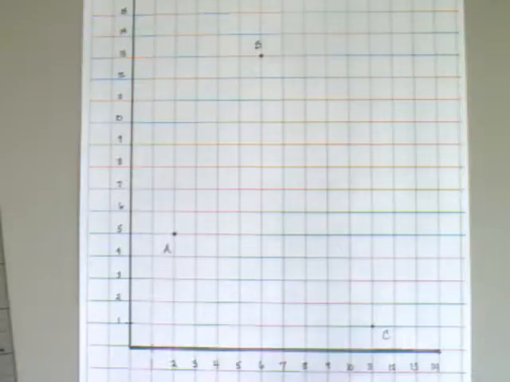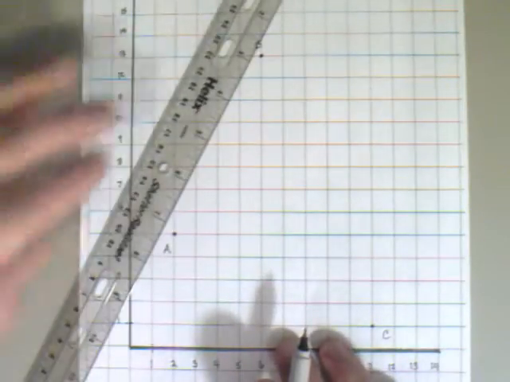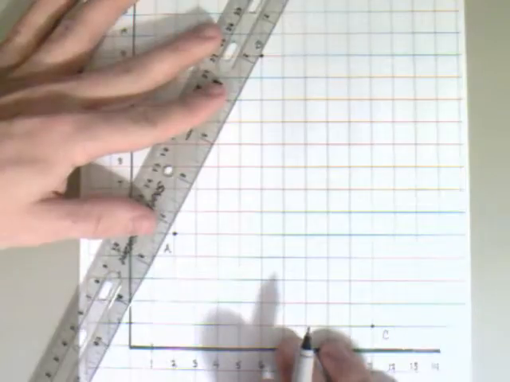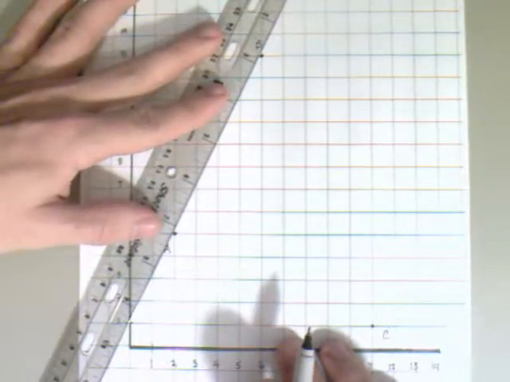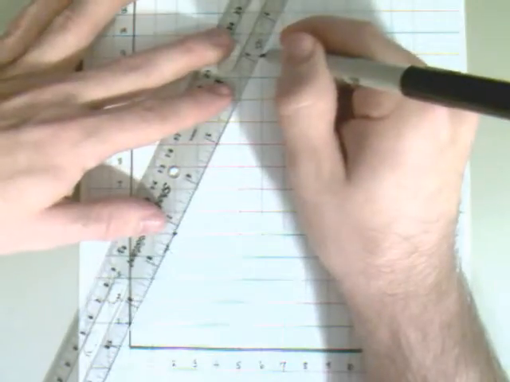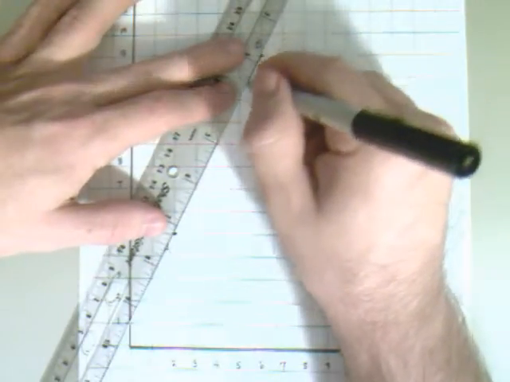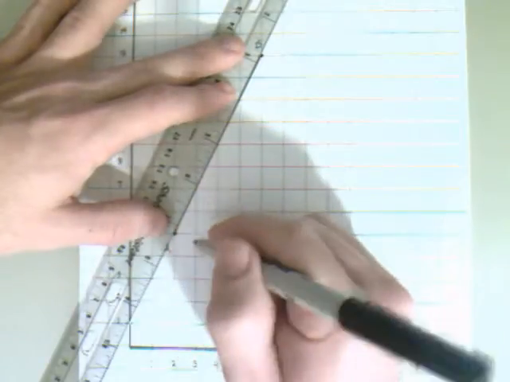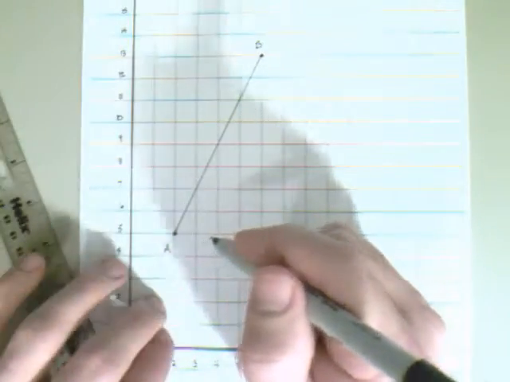After you've plotted your 3 points, go ahead and connect them to make a triangle. Make sure you measure as carefully as you can. I think we saw yesterday how just a tiny bit of measurement error can throw off your lines.